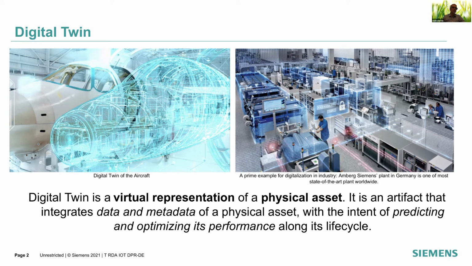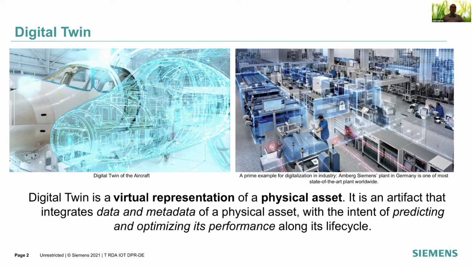One is the digital twin of the aircraft, which is a complex machine. It does not necessarily need to be a reconstruction of the aircraft. It is a designed model which can then be used for simulation and different things, even without constructing the model from the real physical asset.